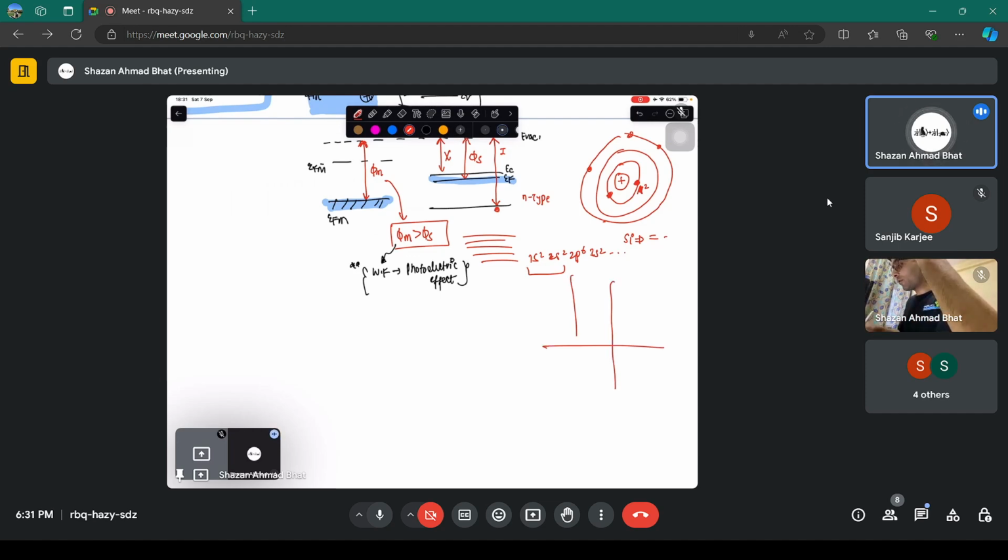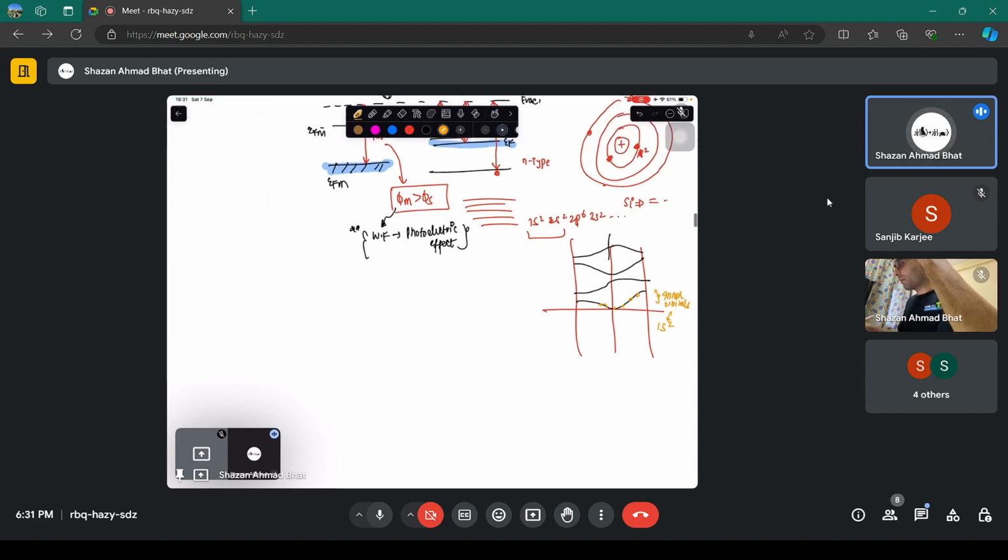That is what that particular picture showed. If you have the band like this in E-k, and you have bands like this, you have electrons here, but these are inner orbitals, mostly inner s orbitals, 1s2 or 2s2.